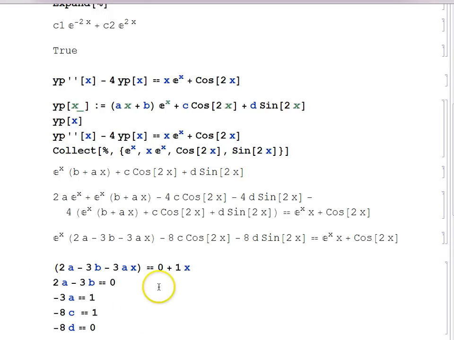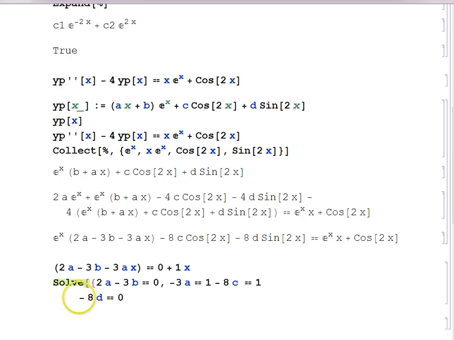So here are the things I want to solve. I want that to hold, I'll pull this down, I want that to hold, and I'll come over here and I want that to hold, and I want you to solve that for A, B, C, D.